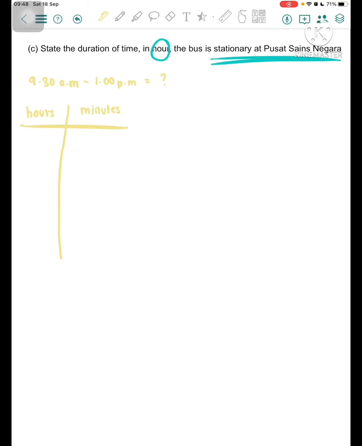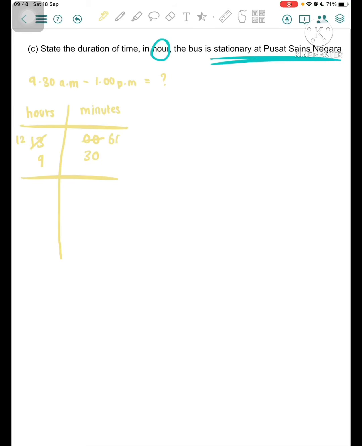Okay, 1 p.m. is also 13 in 24 hours. And 9:30 a.m. is 9 in 24 hours. 9 over 30. Okay, 0 cannot subtract with 30 minutes. So, we borrow from hours and change it to 12 hours.